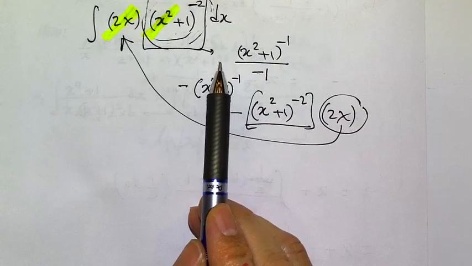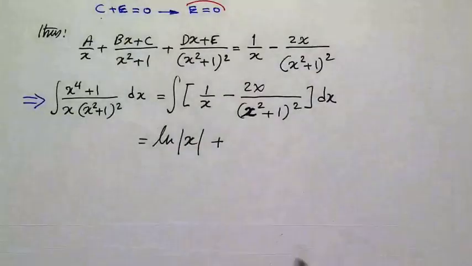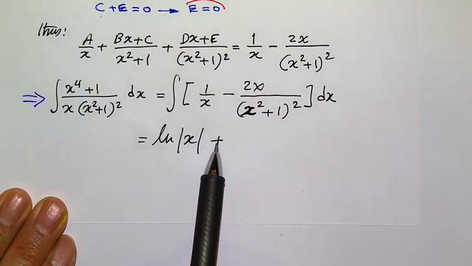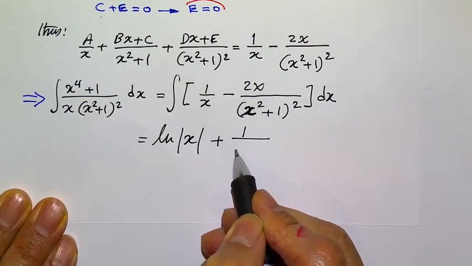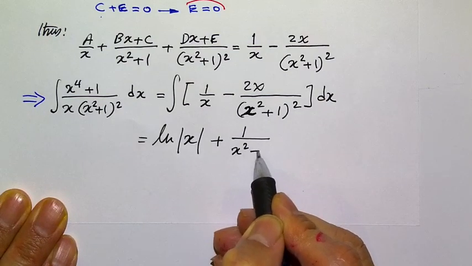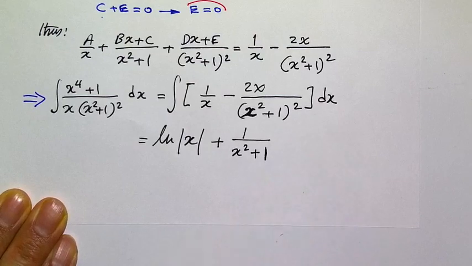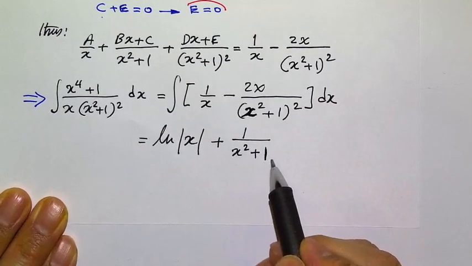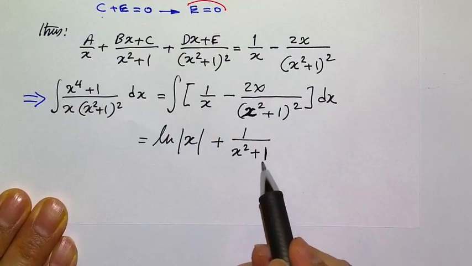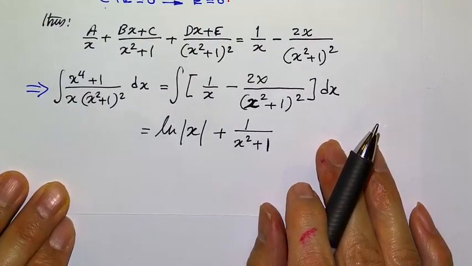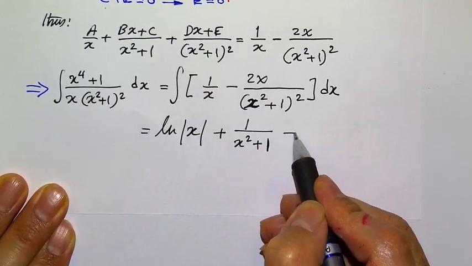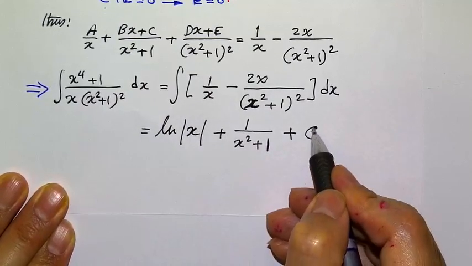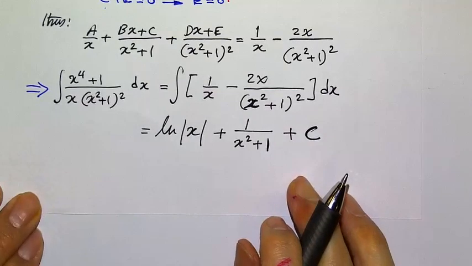If it's positive, it makes it negative. If it's negative, it makes it positive, right? In this case, we have a negative here, so it makes it positive. This minus times that minus will give us positive, and then 1 over x squared plus 1. This being x squared plus 1 to negative 1 power, when we put it in the denominator, it will end up with a positive power. And of course, because this is an indefinite integral, I have to remember to put a plus C. Okay, so that'll be that.